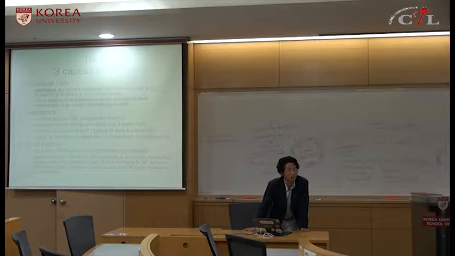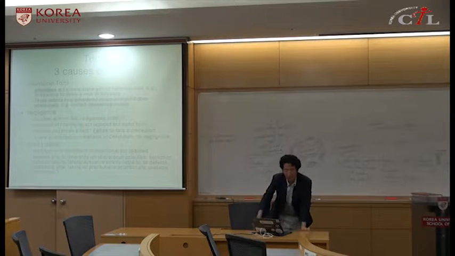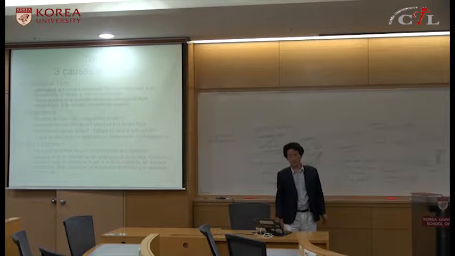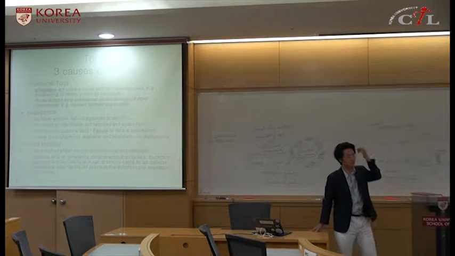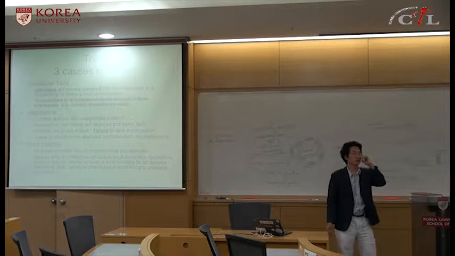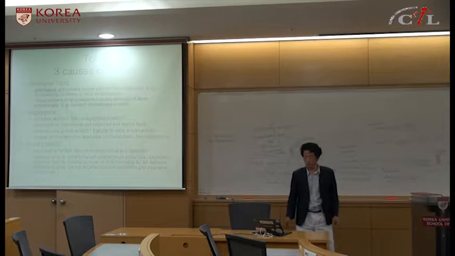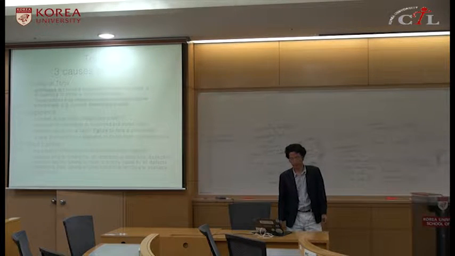그래서 민법 750조의 고의 또는 과실이라고 했을 때 고의는 intentional tort에 들어가고 과실은 negligence에 들어가고. How do you prove a fault? Failure to take a precaution. 그러니까 어떤 주의 의무를 다하지 않은 것을 입증을 해야죠.